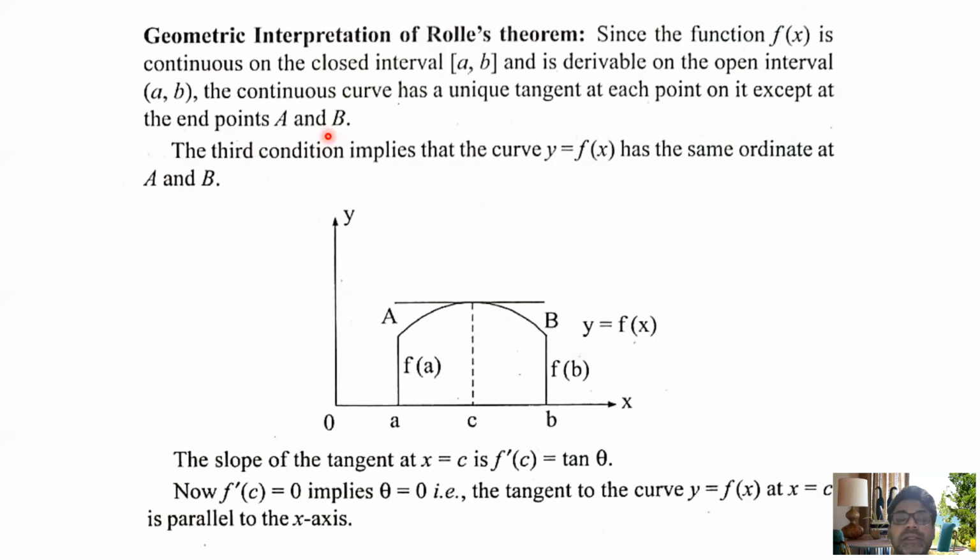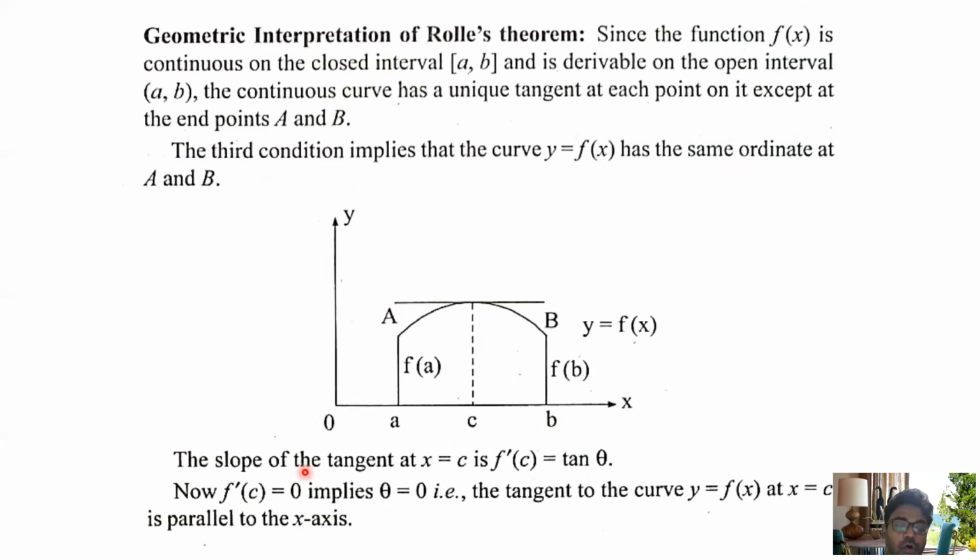The third condition implies that the curve y is equal to f(x) has the same ordinate at the points A and B. f(b) is equal to f(a), means this is A, and this is f(a), this is B, this is f(b). If f(a) is equal to f(b) from the third condition, the ordinate should be the same according to the condition.